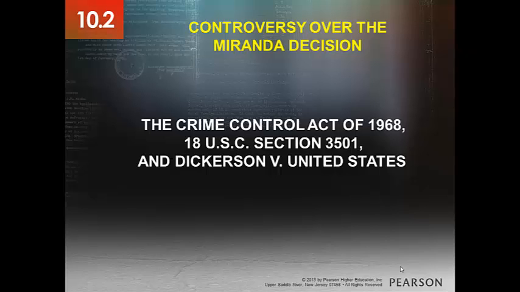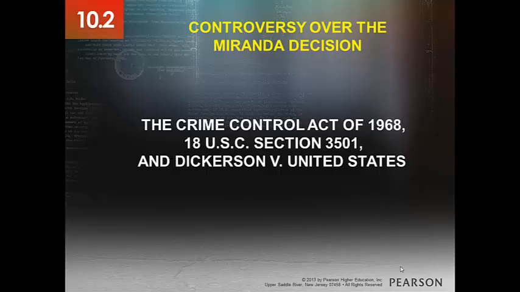Under the law, suspects need not be advised of their right to counsel, their right not to incriminate themselves, and so on. For several years, Section 3501 remained dormant, but critics of Miranda continued to look for ways to bring it before the court.